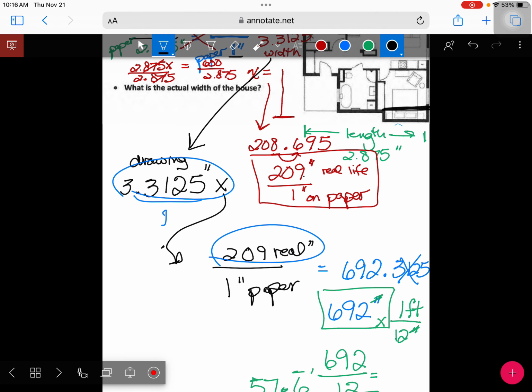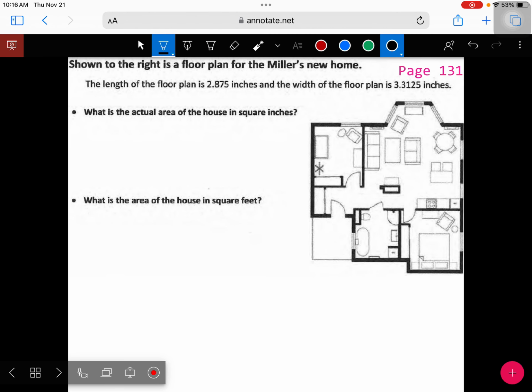All right. So the next part says, what's the actual area of the house in square inches? So we said this is in the shape of a square. What is the area of a square? What's that formula? How about the area of a rectangle?